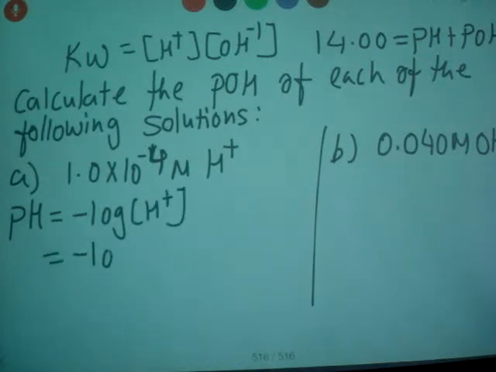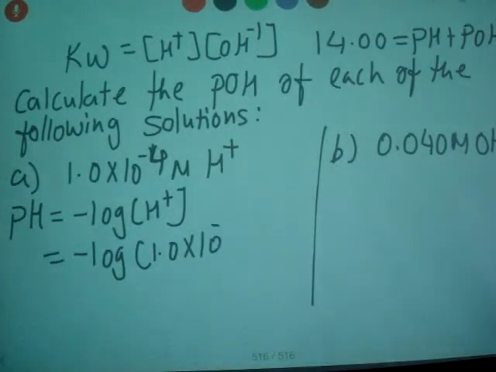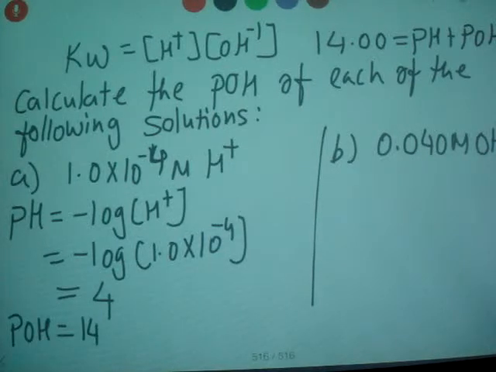So minus log 1.0 times 10 to minus 4, and you can say pH equals 4, but then we need to find out pOH. So pOH equals 14 minus 4, which gives you 10.